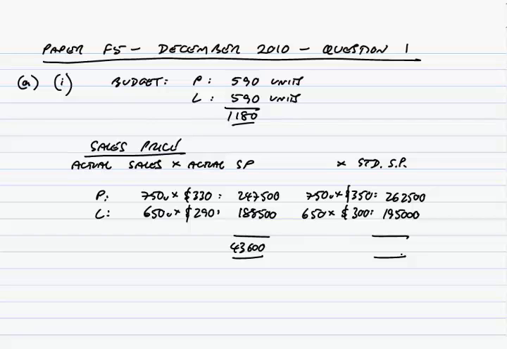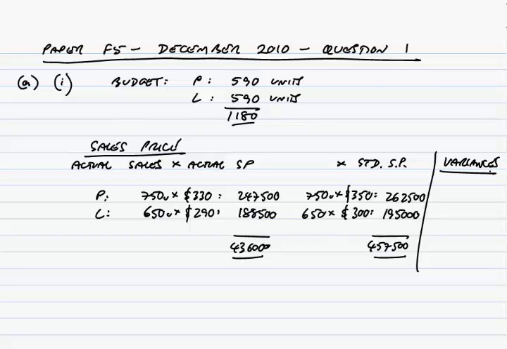The total revenue should have been 457,500. I've just realised, I left a zero off. There we are. So let's compare the variances.